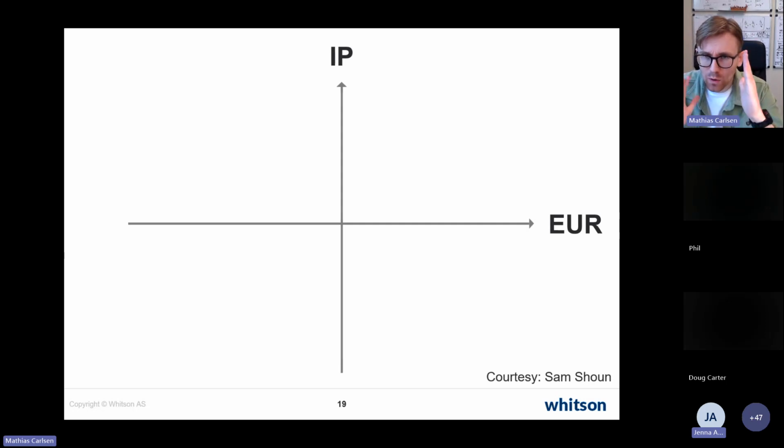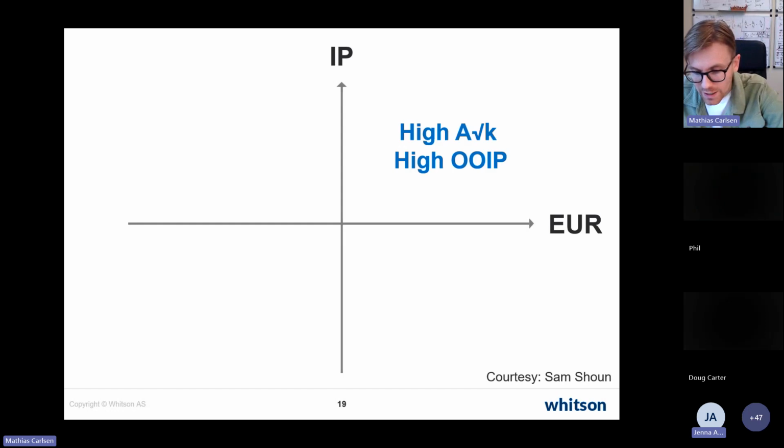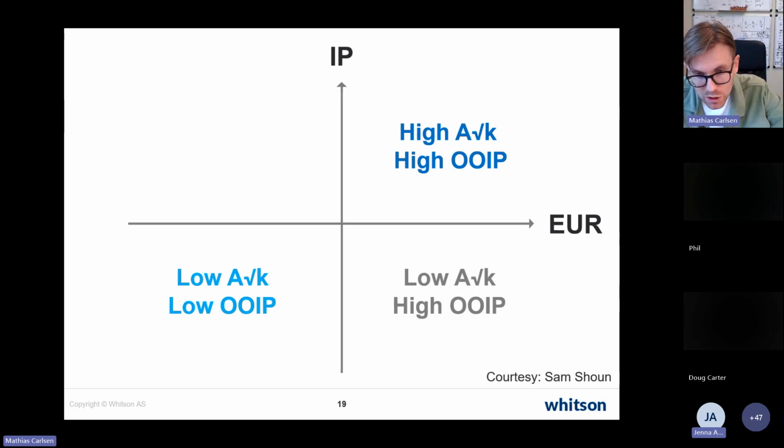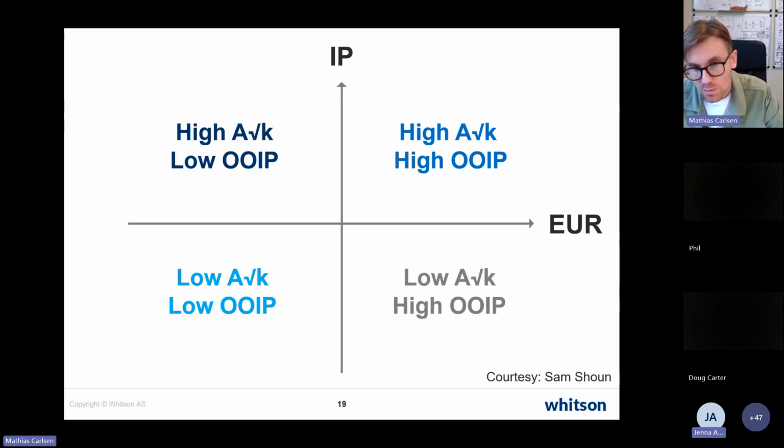If you have a well with a high initial production and a high EUR, it must fundamentally have a high A root K and a high contacted pore volume. If the IP is low, but the contacted pore volume is high, you can still have a large EUR, but the IP will be low. A small completion will be down here, and then overstimulated rock will typically be up here too. And this IP is typically the first year of cums or something along those lines, an early time period.